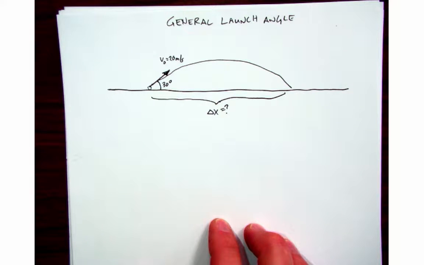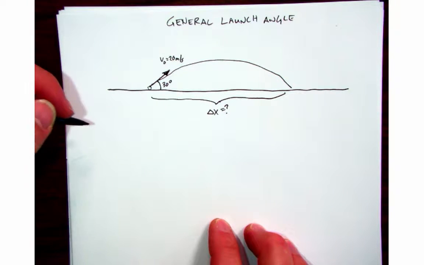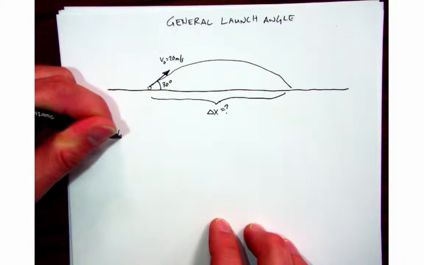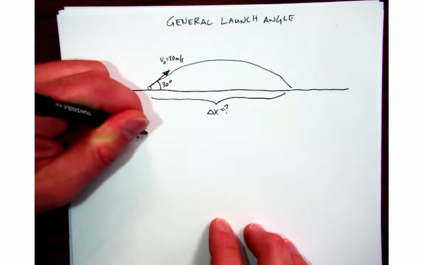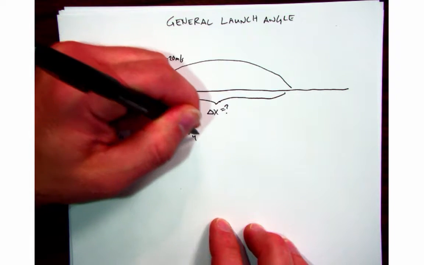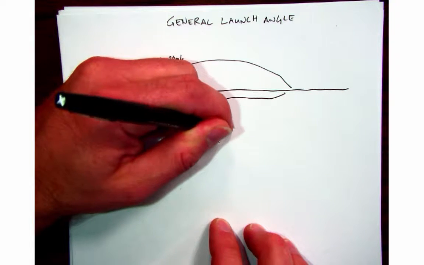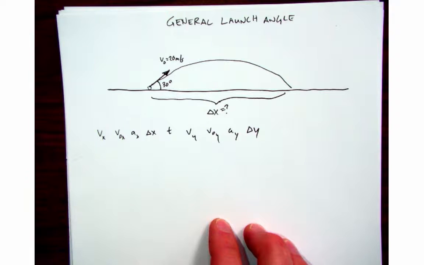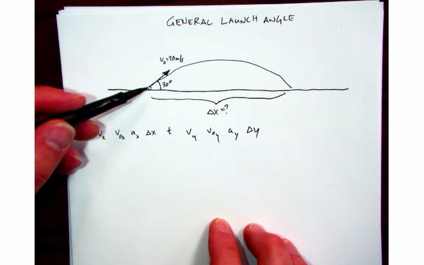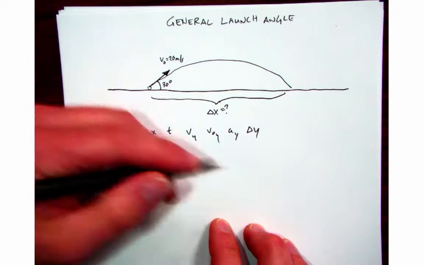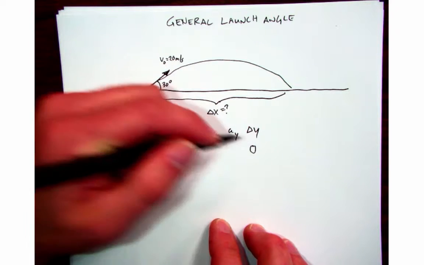Okay, so I need to start out writing down my variables: Vx, V naught x, Ax, delta x, and t, and then I also have Vy, V naught y, Ay, and delta y. I start out writing down all the things I know. This ball is going to land at the same level that it started out at, so delta y, the vertical displacement, is 0.